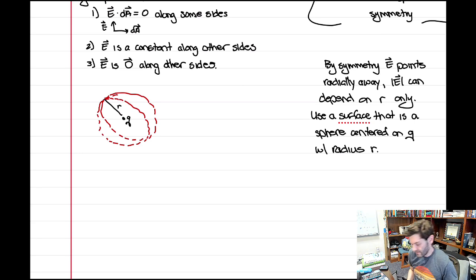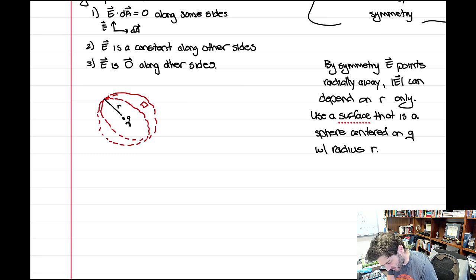Now, the electric field is always pointing directly away from the charge. But also, if you think of all these little patches that make up the sphere, let me draw that. Like this patch here, at the top of the sphere.